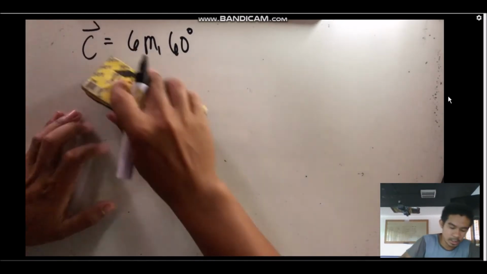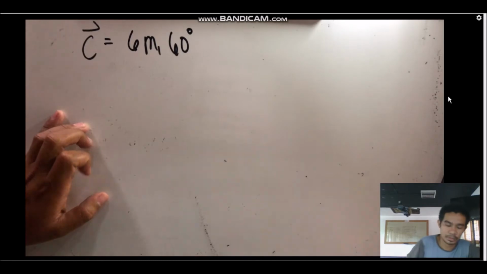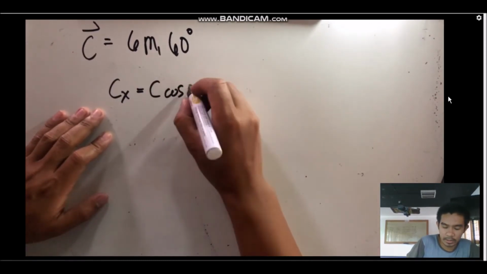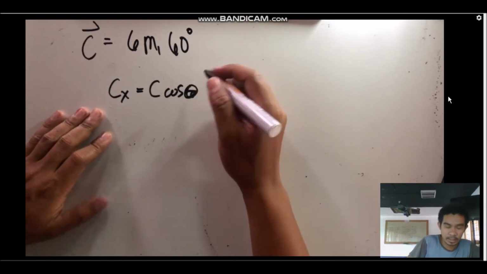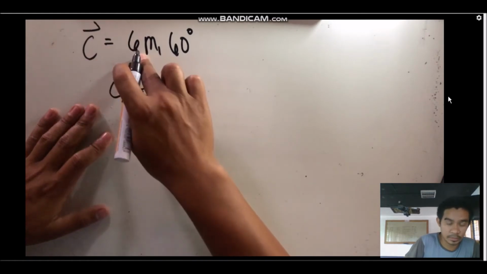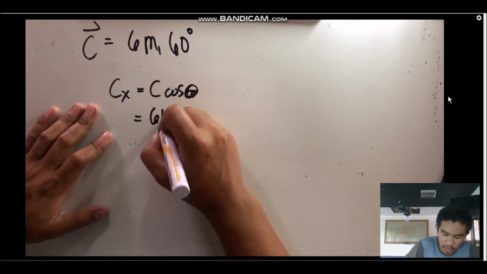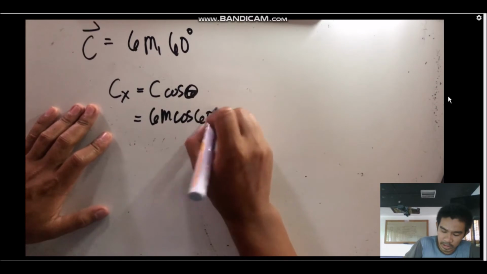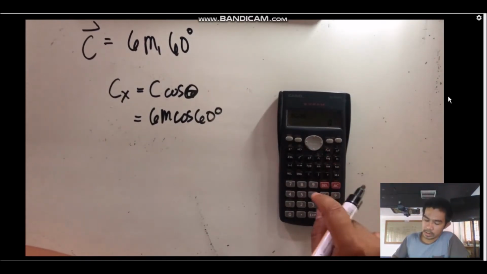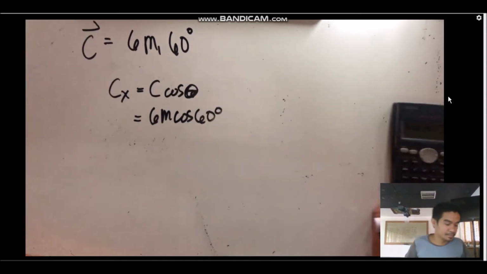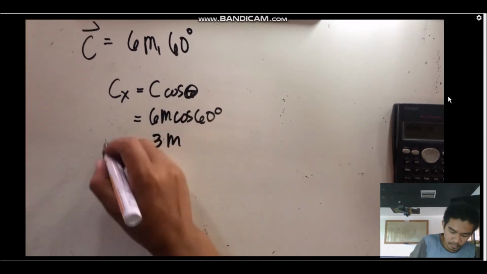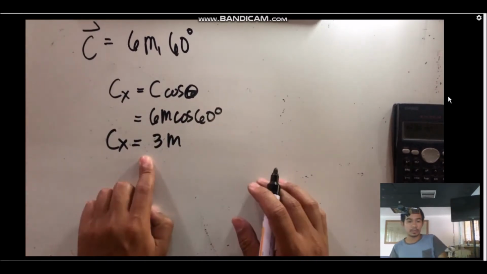C of x equals the magnitude C cosine of theta. Vector C has a magnitude of 6 meters. So this is 6 meters cosine of 60 degrees. So let's use the calculator. 6 cosine 60, that's 3. The x component is 3 meters.